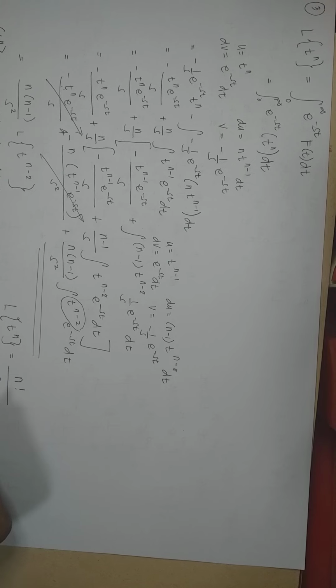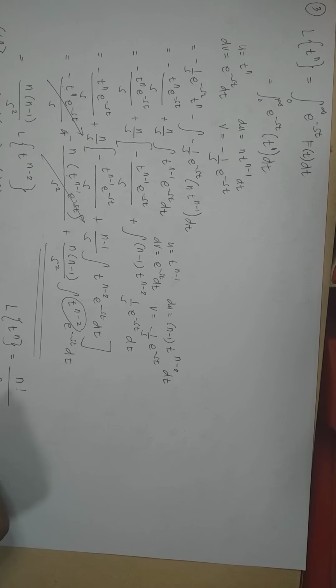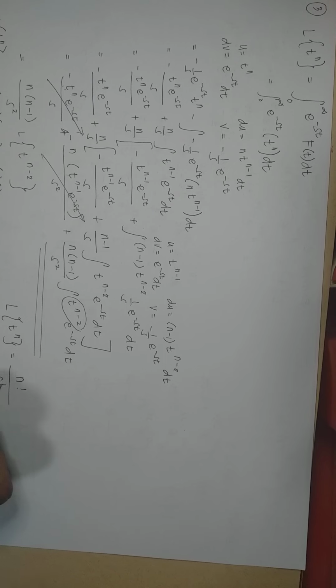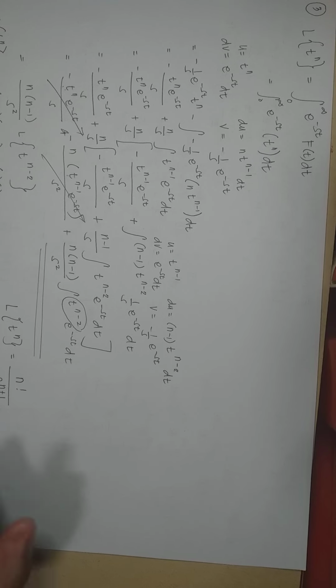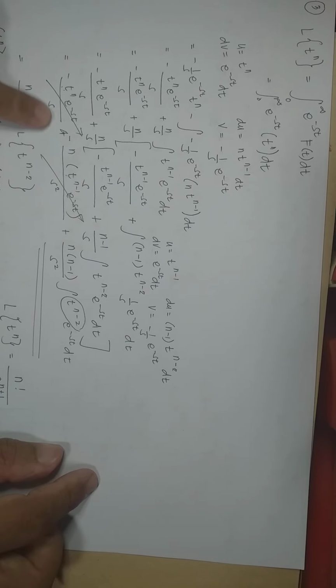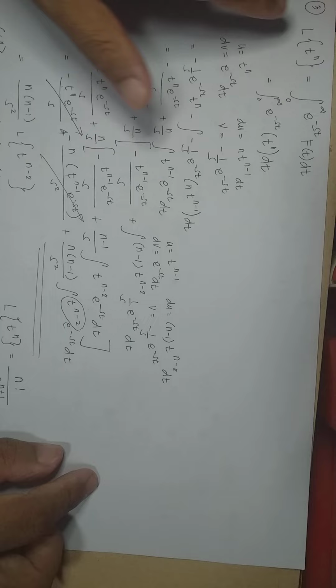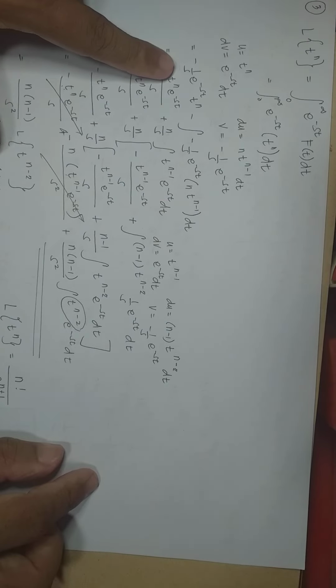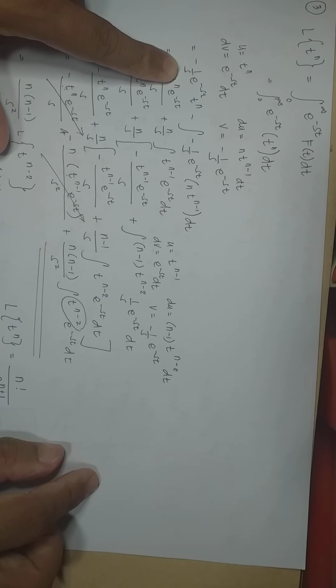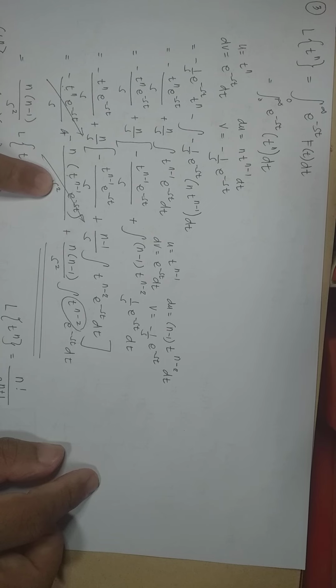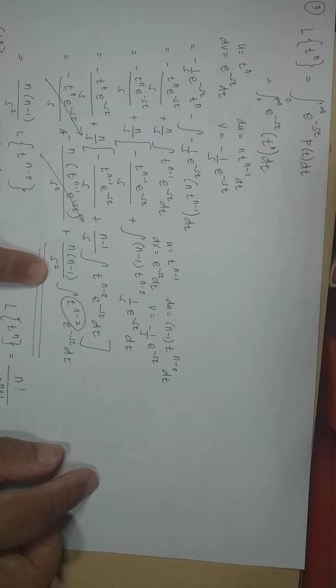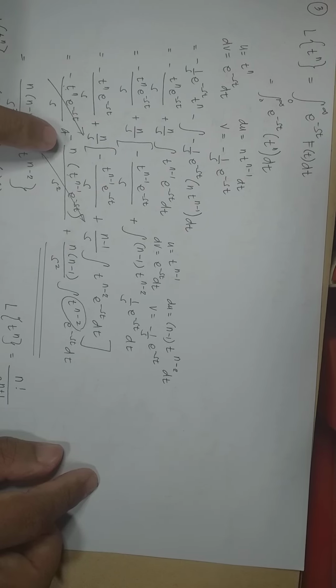But if you're going to continue processing this, iterating this, you will have to have n plus 1. Okay? How did it happen? For t raised to n, you have 1 over s. And then, for n minus 1, you have s squared. For n times n minus 1 times n minus 2, you have s cubed.